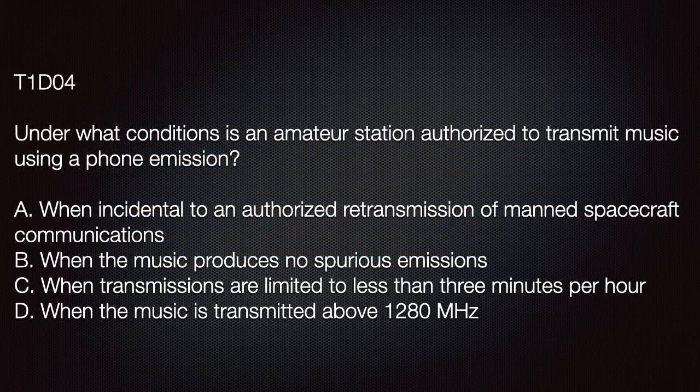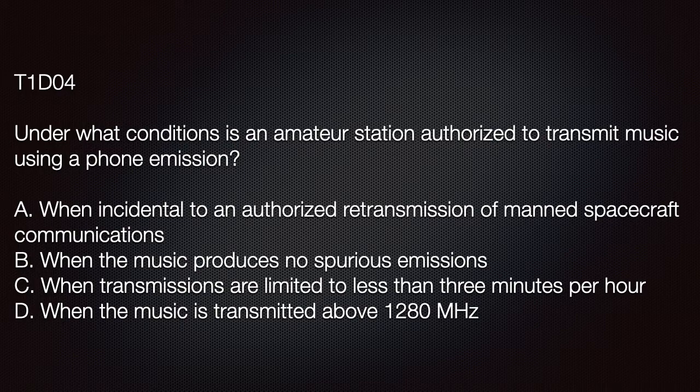This question on your exam will look something like this. Under what conditions is an amateur station authorized to transmit music using a phone emission? A. When incidental to an authorized retransmission of a manned spacecraft communication. B. When the music produces no spurious emissions.